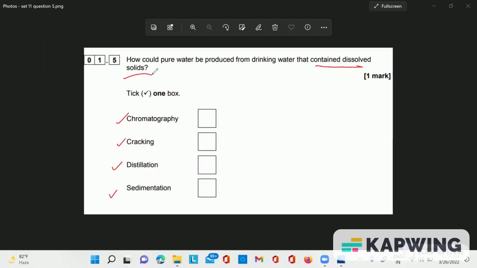If the question had been about any other solids, then I could have gone for sedimentation. But since it is dissolved solids, I have to go for the option distillation. Because distillation is a process by which we can obtain pure water from drinking water, even if the drinking water contains dissolved solids.